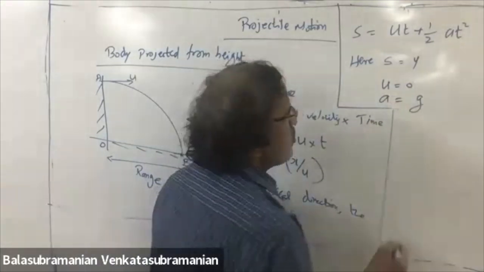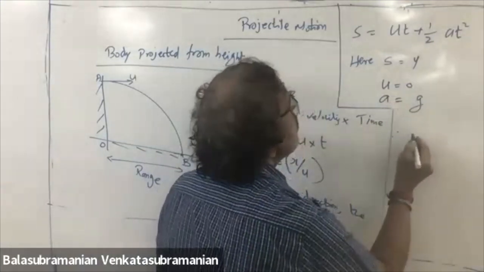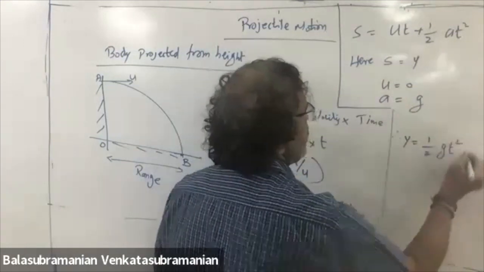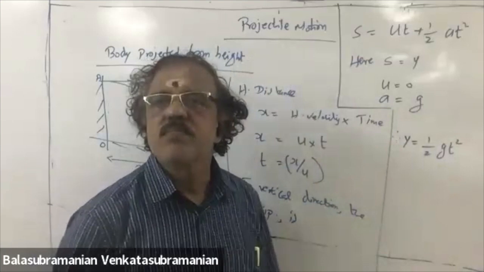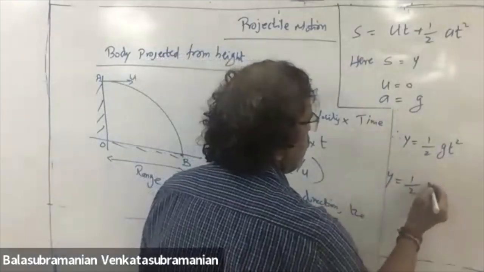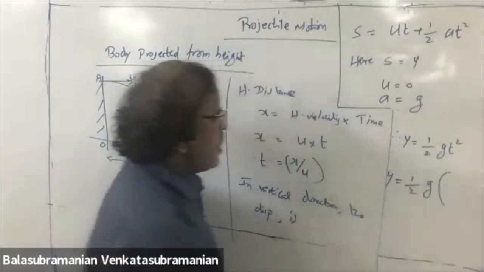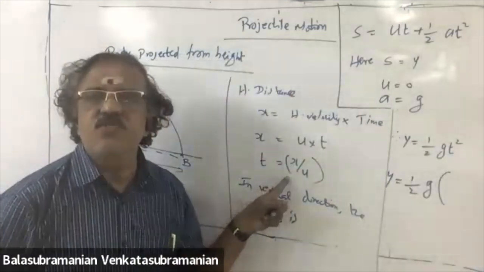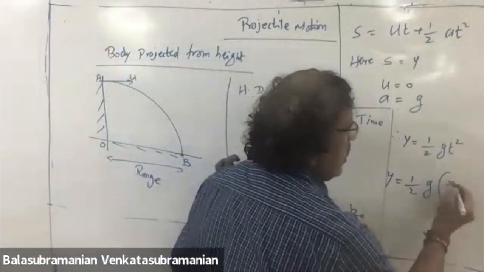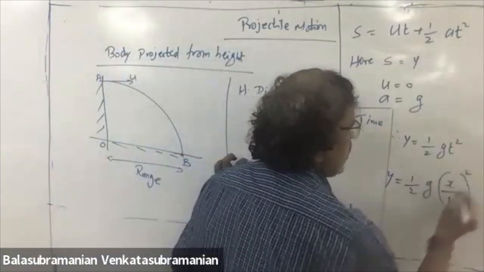So what will happen? Therefore, y is equal to half gt square. y is equal to half g. What is t? My equation already we have written in terms of x by u. So I can write g into x by u the whole square.